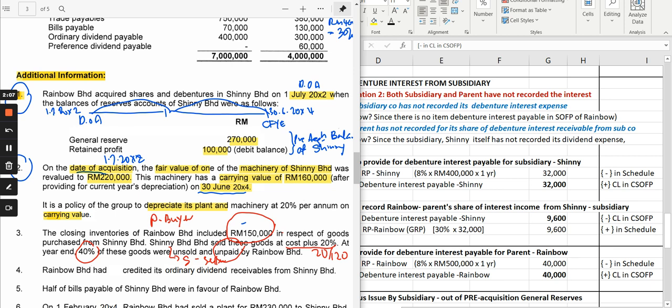The first one is to eliminate the unpaid amount, which is the amount owing between the parent and the subsidiaries, to the buyer and to the seller. So to the seller, there is an account receivable that relates to the group member, and the group member here is the parent.